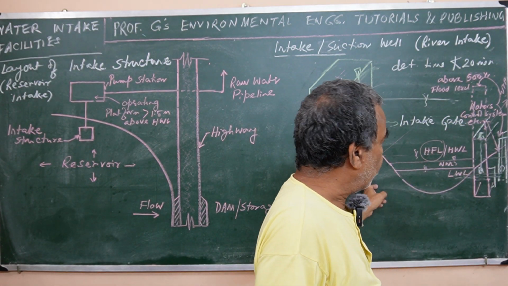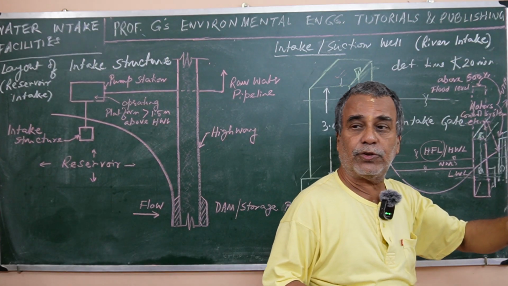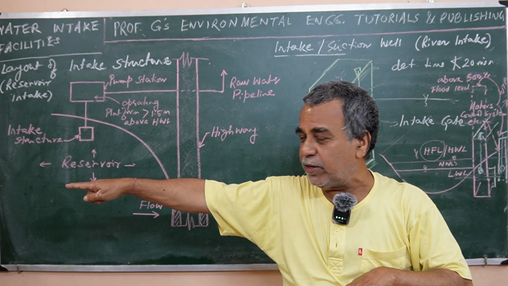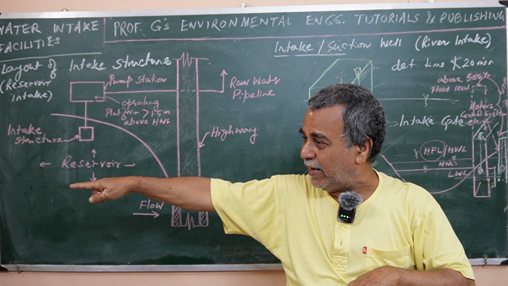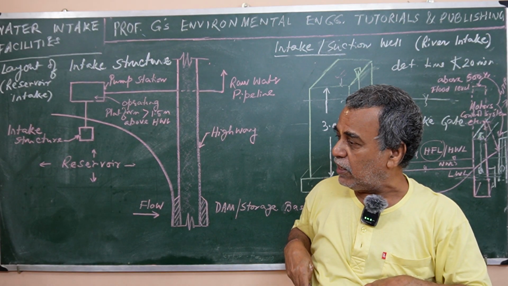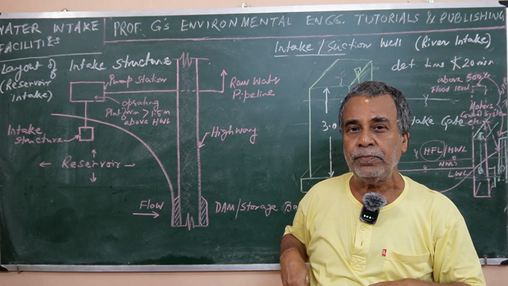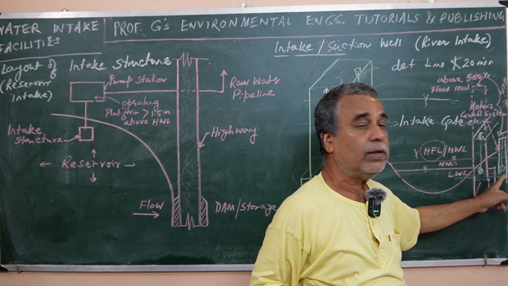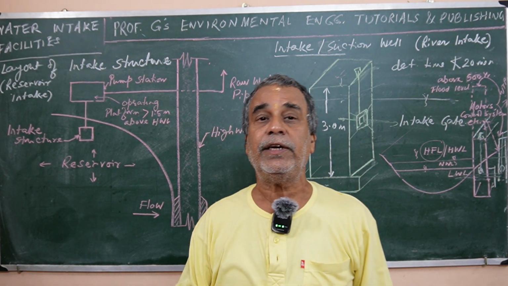Whereas if there is a separate pumping station, suppose the pumping station is here and the river is there, then from there it comes through an inlet or intake conduit to this intake well, from where it is pumped.